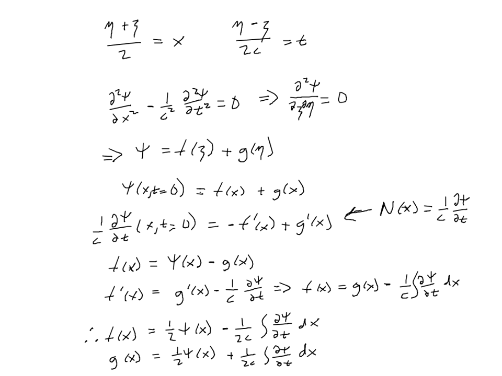And either one of those basically gets me back to, I can solve for f and g in terms of the solution and the normal derivative of the solution at the boundary. And so because of this, it looks like I need Cauchy conditions in order to solve this.